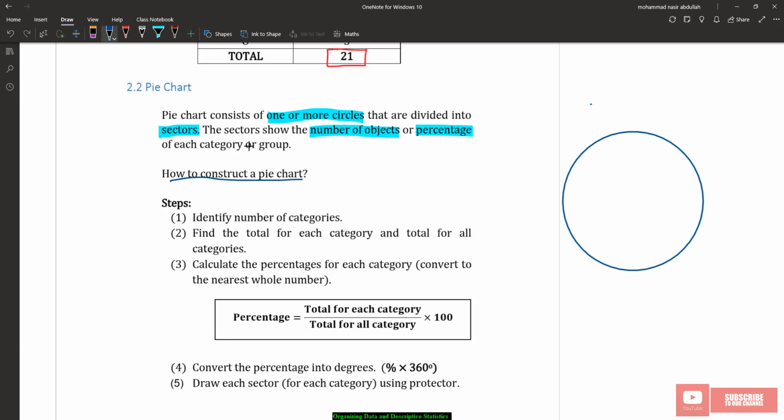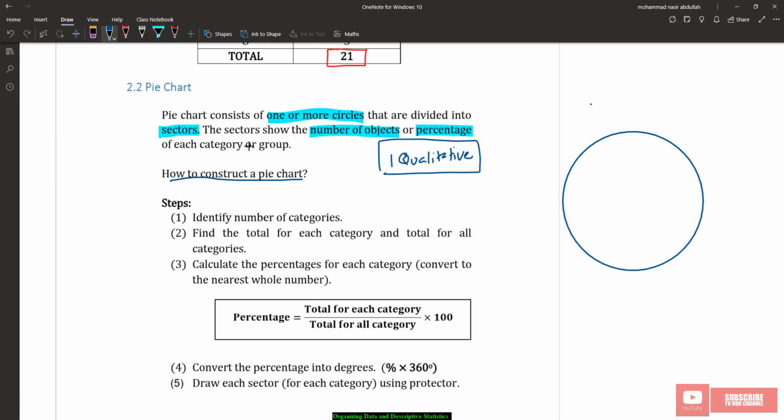Remember, a pie chart only consists of one qualitative variable. One qualitative variable, right? You can also integrate it with one quantitative variable, but later we'll do that for advanced.